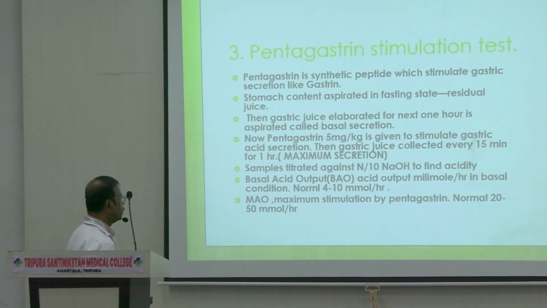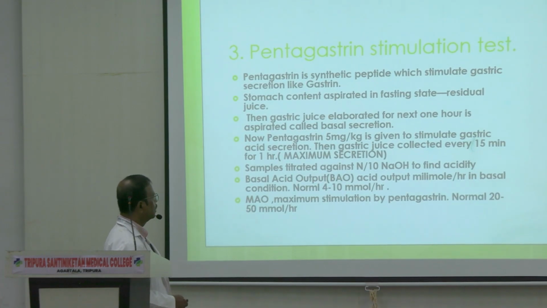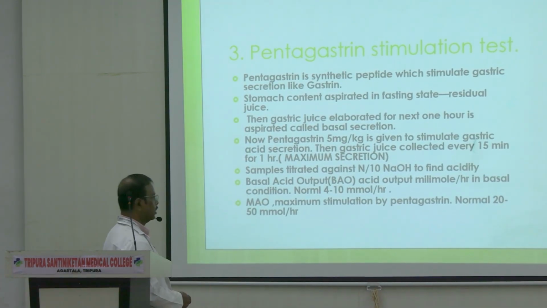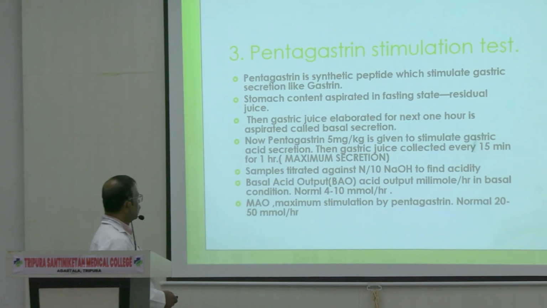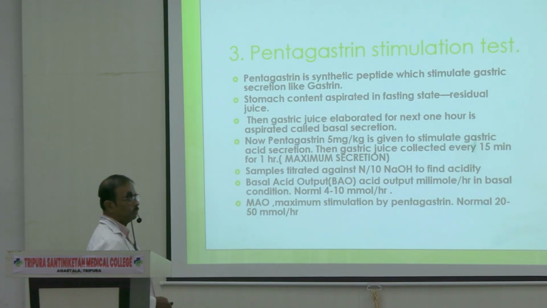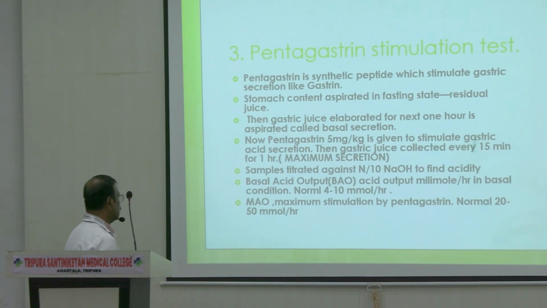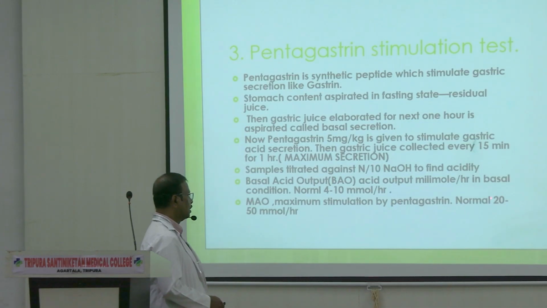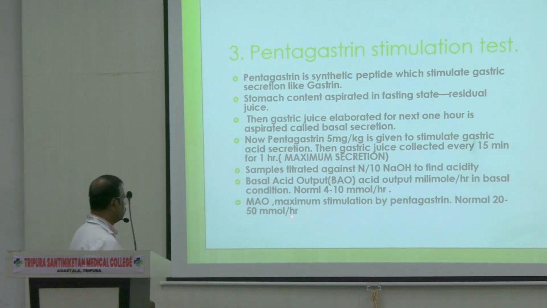Basal acid output is the output in millimole per hour in the basal condition before stimulating. This is usually 4 to 10 millimole per hour. Maximum output is 20 to 50 millimole per hour.